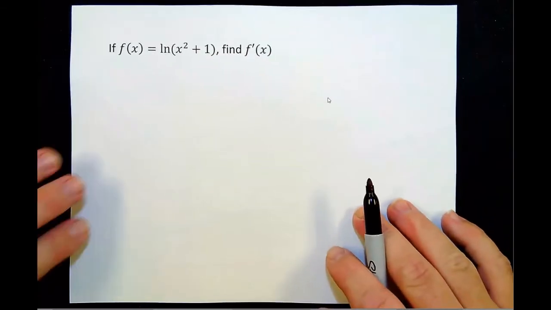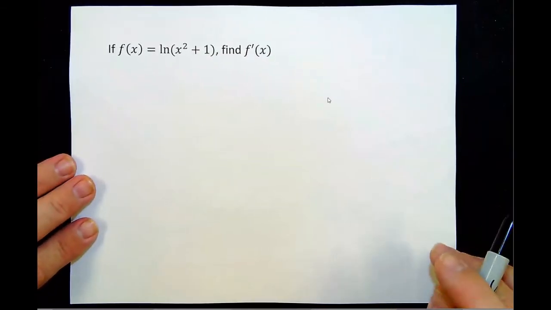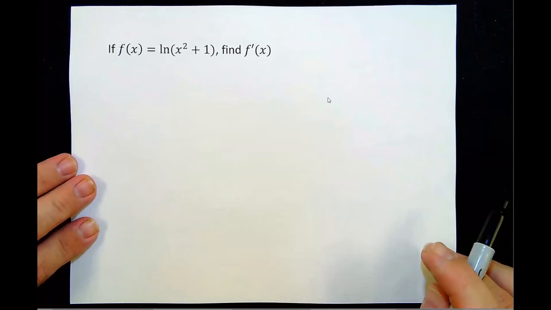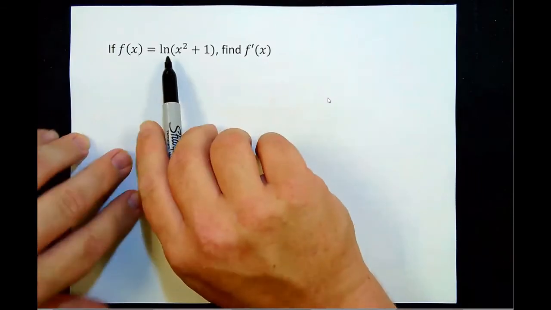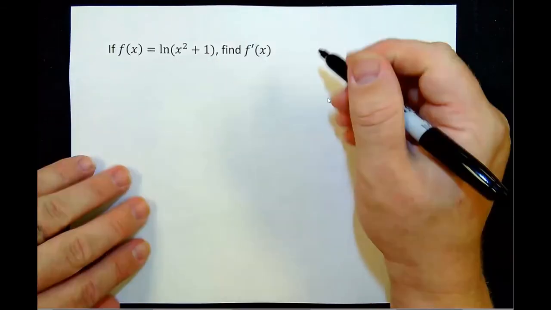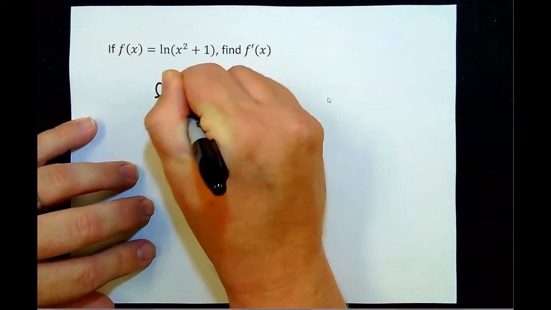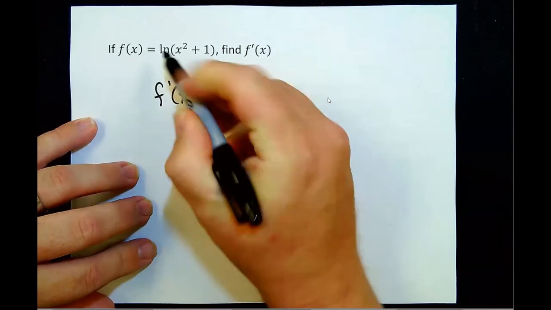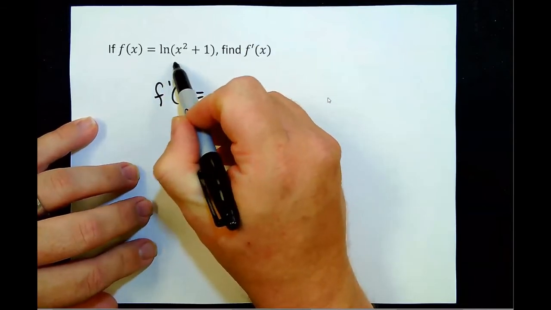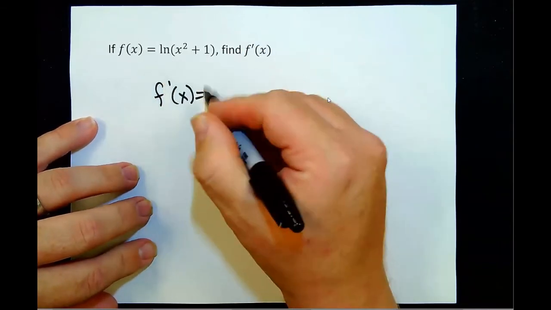So if we're given one like this, the natural log of x squared plus 1, to find the derivative, well, the outside function's a natural log, and the derivative of a natural log is 1 over x.